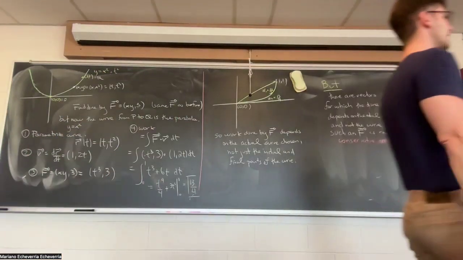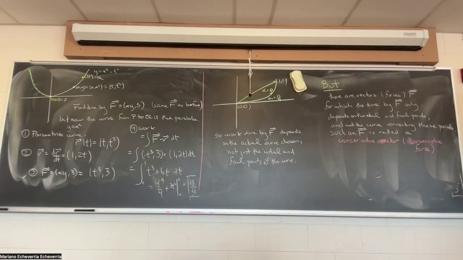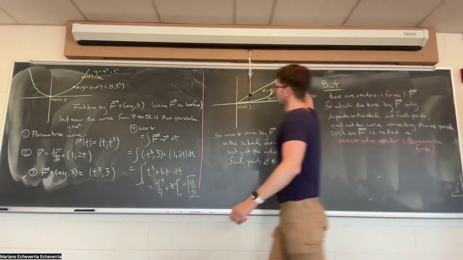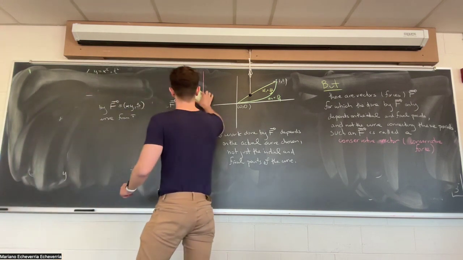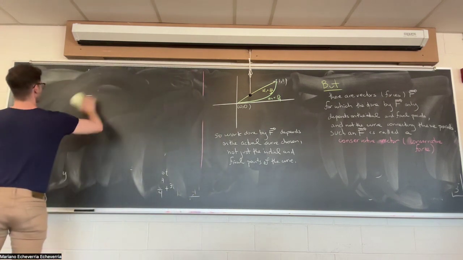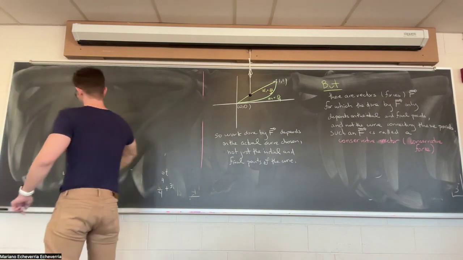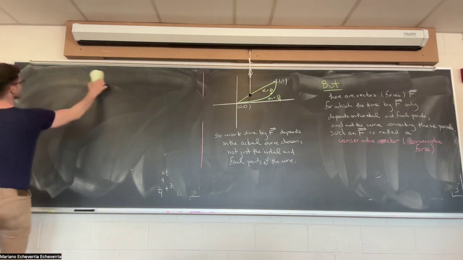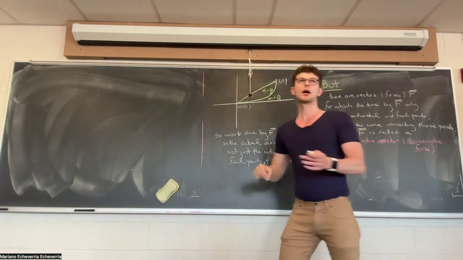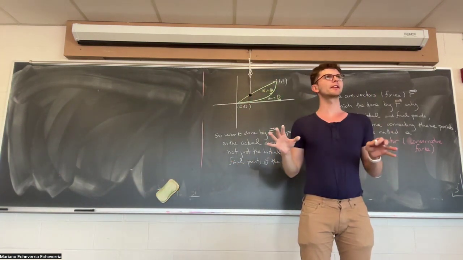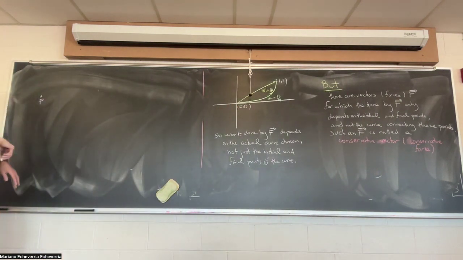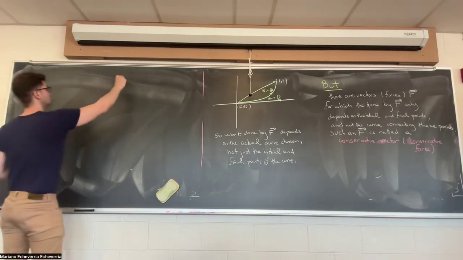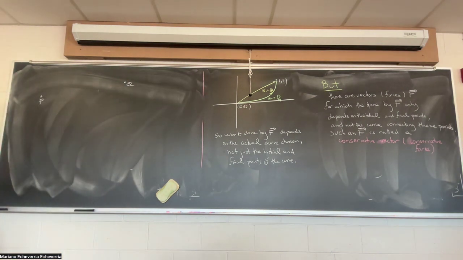Just to emphasize what I'm trying to say: if you have a conservative vector or conservative force, you take your two favorite points in space, and there are multiple ways to connect them.